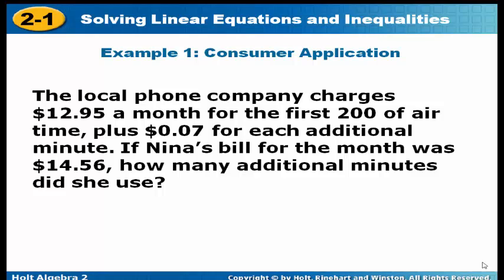If Nina's bill for the month was $14.56, how many additional minutes did she use? So first we have to put the formula, we have to make the equation.